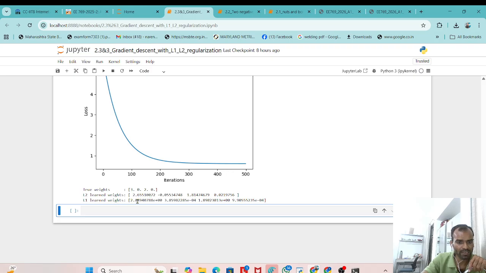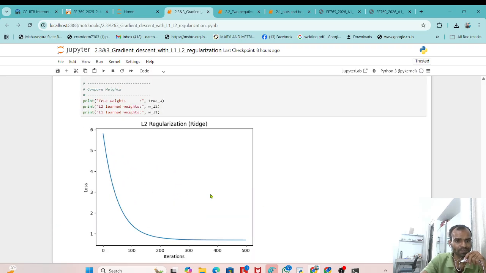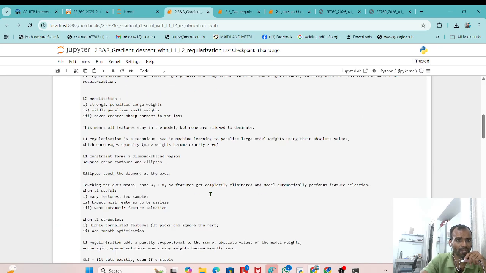In L2 regularization, some weights are assigned here, penalized mildly. But in the L1 model, it is nearly equal to zero. This is clear from the graph as well.